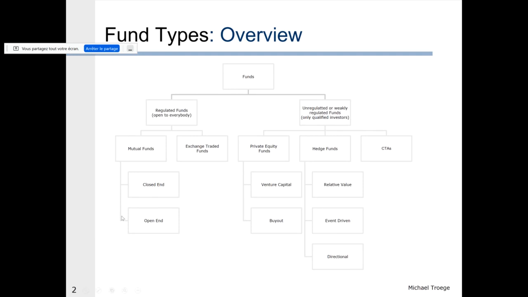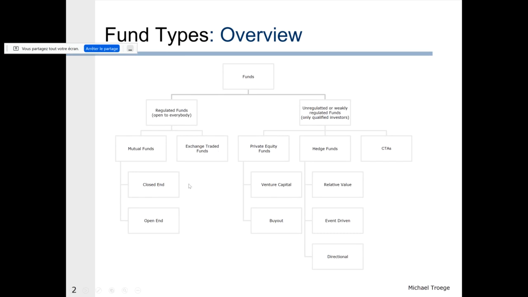And you have open-end funds, where the fund is willing to buy back your shares, so it's willing to pay you back your money. In some closed-end funds, you can never get back your money. You always have to find somebody else. Some closed-end funds have a limited lifetime, so after maybe 10 years, they will be closed down, and then you get your money back. So that's the mutual fund world.